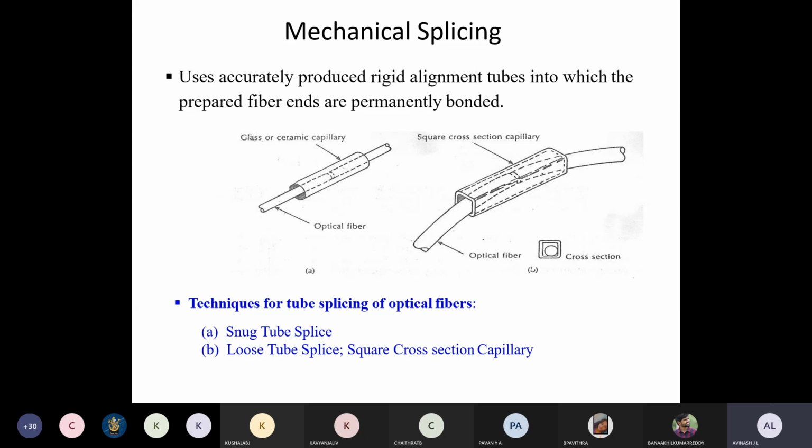That means a somewhat larger diameter capillary, inside which two fibers are fixed, so they join together. It is like a mounting. In the loose tube splice, it is a square cross-section capillary.